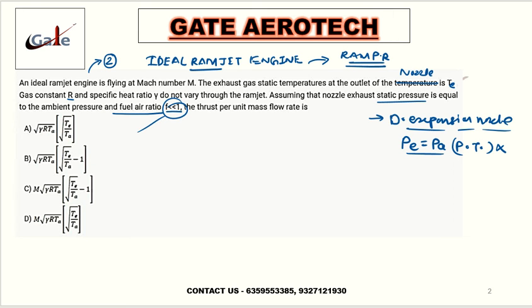Can you tell me what this is? They are saying please neglect your fuel air ratio, which is very small. I will tell you in the solution part how all this will make sense, the optimum expansion and the very small fuel air ratio being neglected. The thrust per unit mass flow rate is, what does it mean?